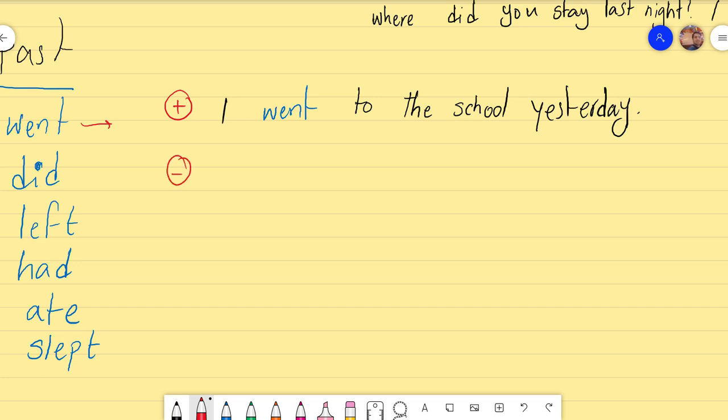Negative. Do you remember? We need a helping verb here. I did. Very good. I did not, or I didn't. I didn't went, or I didn't go. This is past, not two pasts. So I didn't go to school, or to the school yesterday.